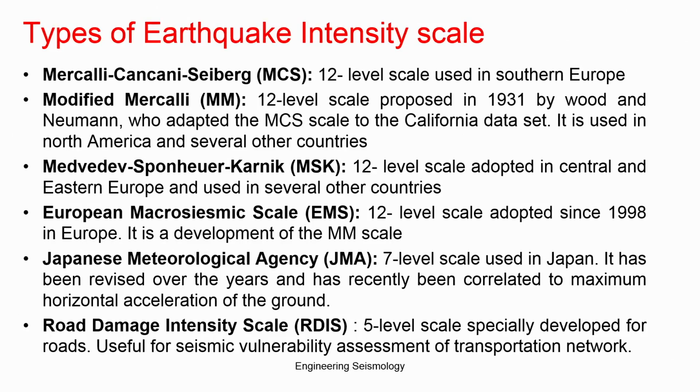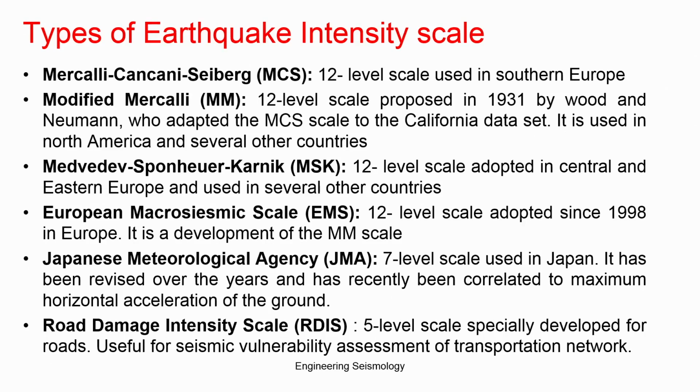You can see the types of intensity scales used in those days: basically six major categories of sizing the earthquake without measuring the earthquake waveform. The Mercalli Cancani Sieberg scale, MCS, has 12 levels and is used in Southern Europe. Then the Modified Mercalli Intensity scale, MMI, has 12 levels, proposed in 1935 by Wood and Neumann, who adapted the MCS scale to the California data set, and it is used in North America and several other countries.